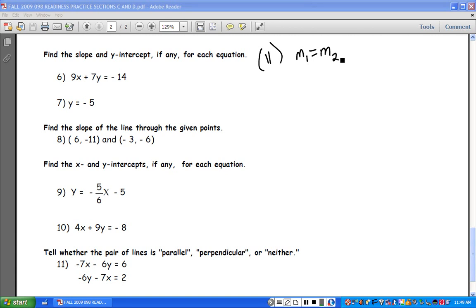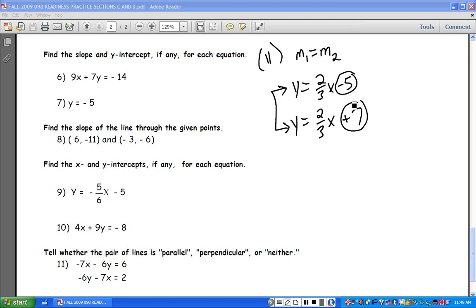Okay, so if I had an equation 2/3 x minus 5, and I had another equation, alright, notice these two equations are a little bit different because the y-intercepts are different.